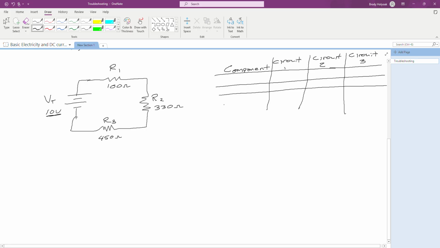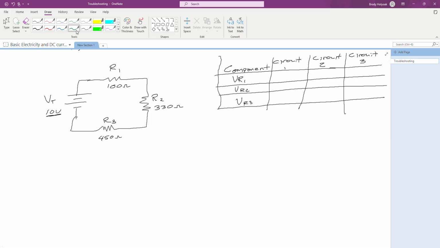Now on this, we have to go with the information that we're given and not make any assumptions as far as what values are going to be. We're going to go strictly off of what I am actually measuring. So I'm looking at the voltage of R1, the voltage of R2, and the voltage of R3.